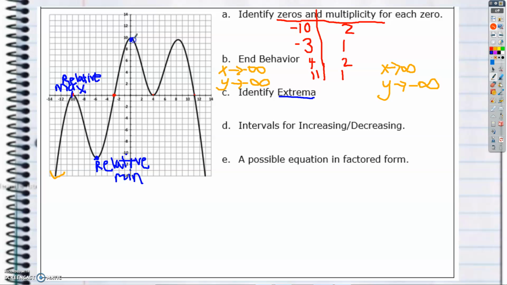And then here's another one, and that is the absolute max because that is the absolutely highest point. There is no higher point than this point. And this one is just a little bit lower than that, so that's a relative max.